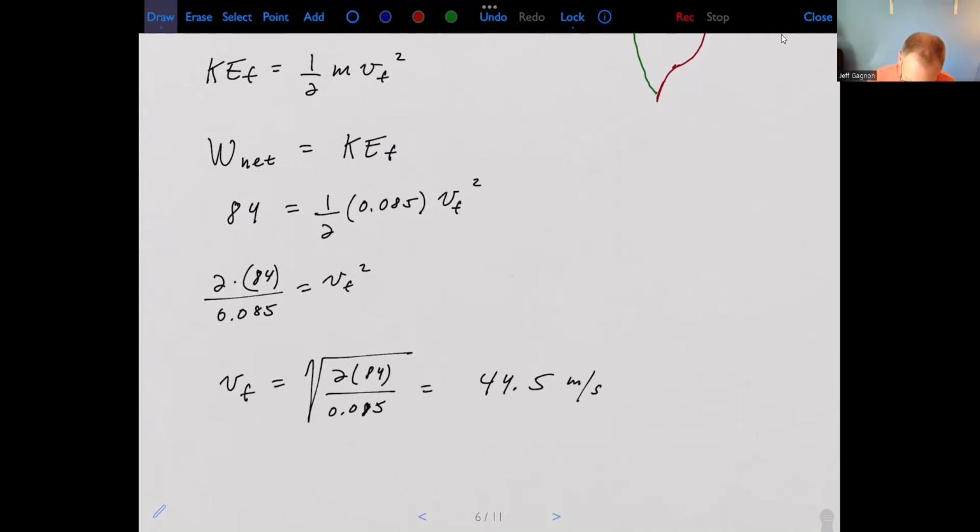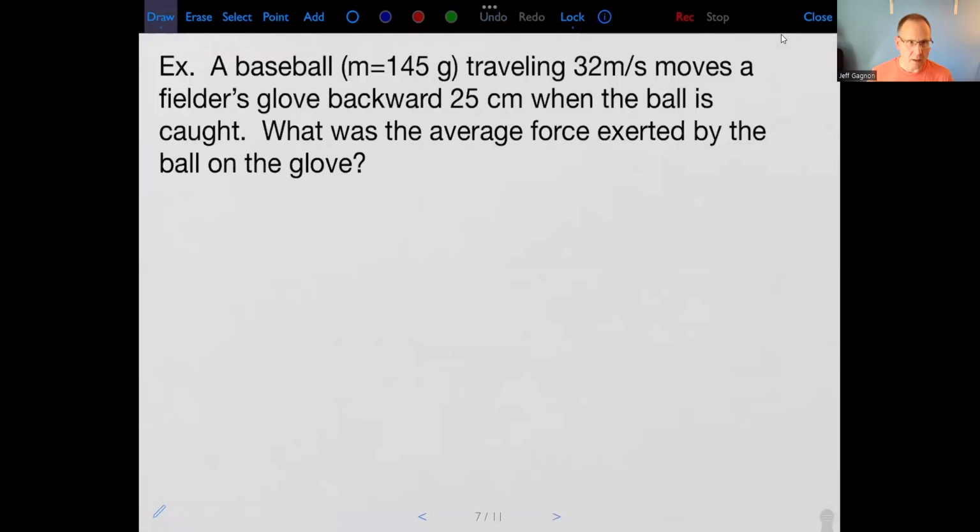Okay, another example. You're told a baseball has a certain mass. Actually, let's immediately convert it. 145 grams, that's going to be the same as 0.145 kilograms.